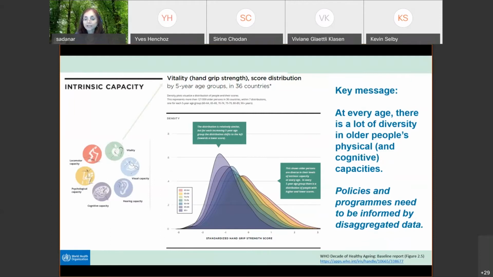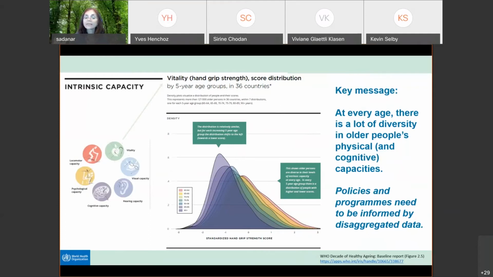It is not surprising that the youngest age groups, in orange and yellow, on average have higher scores. But at every age, including among adults aged 90 and over that make up the purple distribution in the front, there is a lot of diversity in people's physical capacity. The same is the case for the one measure we had of cognitive capacity.